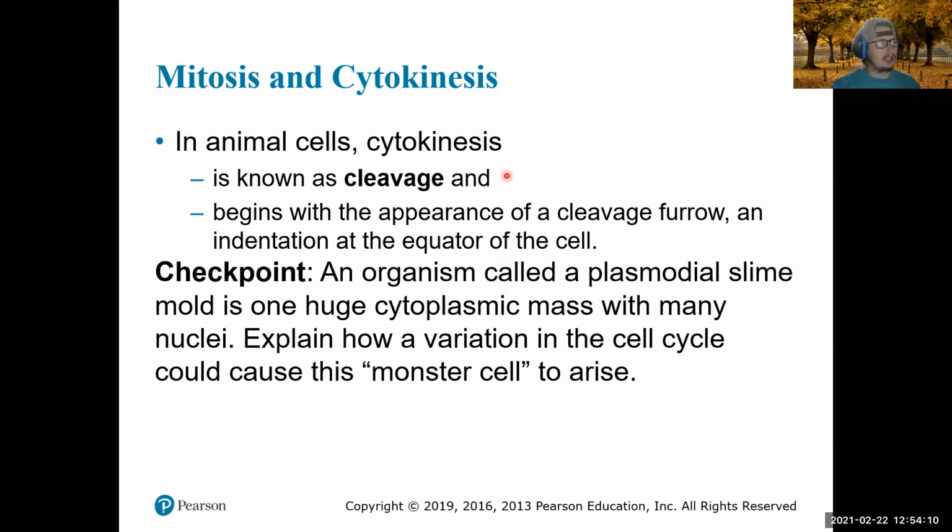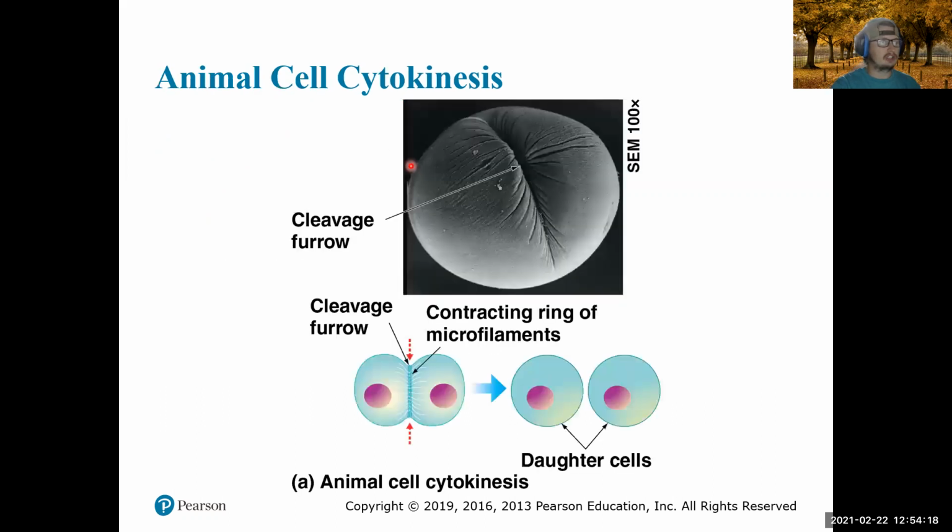Okay, so in animal cells, we know that cytokinesis, also known as cleavage, starts with that cleavage furrow. And so this is a micrograph, so a scanning microscope, where we're looking at the cell cleavage furrow here. So this is a cell starting to divide in two. So this is basically the portion of the image we're seeing here.